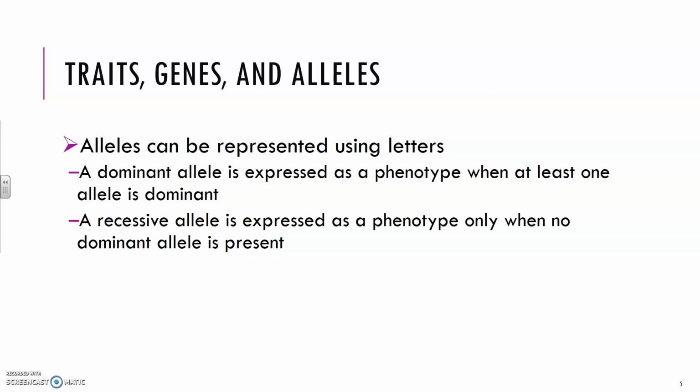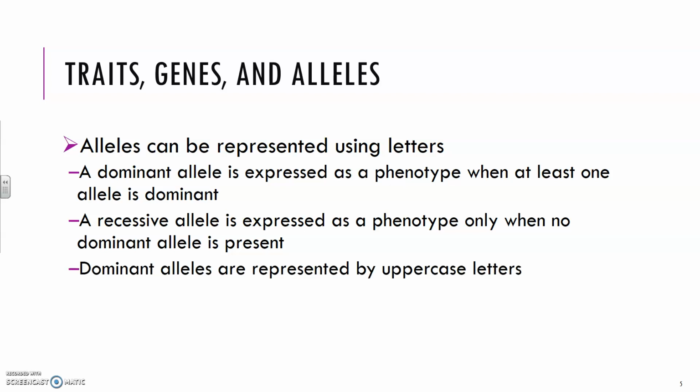Okay, so basically, in order to have a recessive phenotype, you have to be homozygous for the recessive allele, or homozygous recessive. That would mean that you would have 2 copies of the recessive allele, so it would present as the phenotype because it's the only genetic information available to the cell.